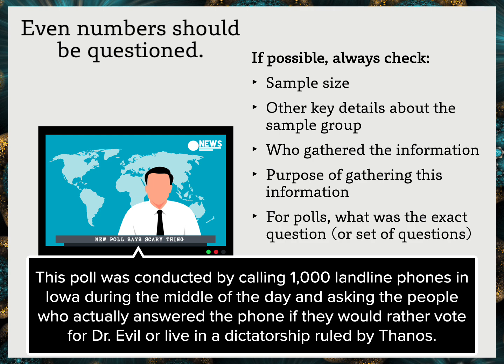And for polls, what was the exact question or set of questions that was asked? Because that would influence what answer is given. Remember, this news report said 70% of Americans said they're voting for Dr. Evil. But the actual question was, would you rather vote for Dr. Evil or live in a dictatorship ruled by Thanos? The question matters.